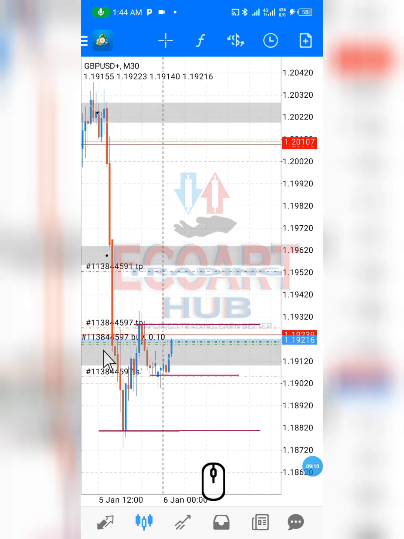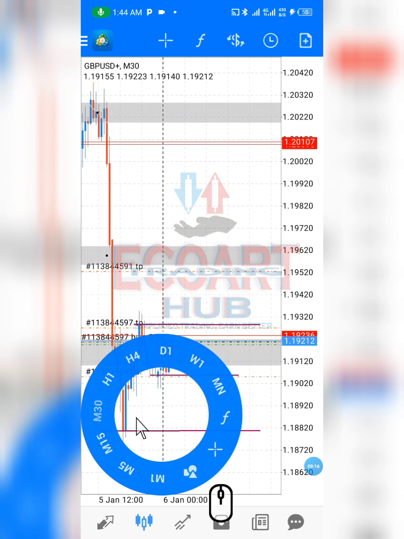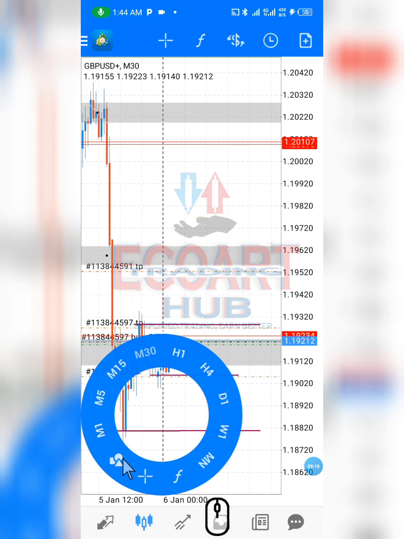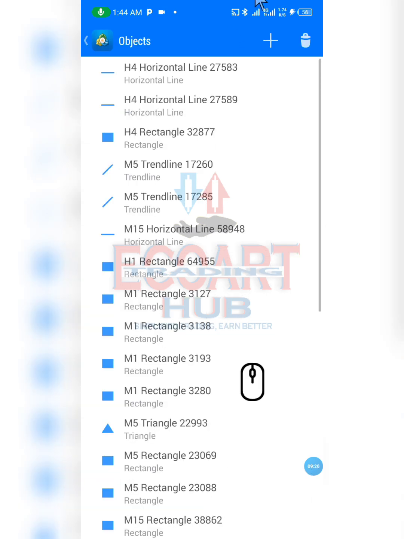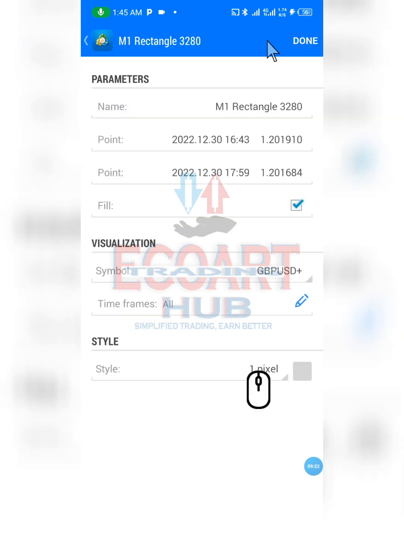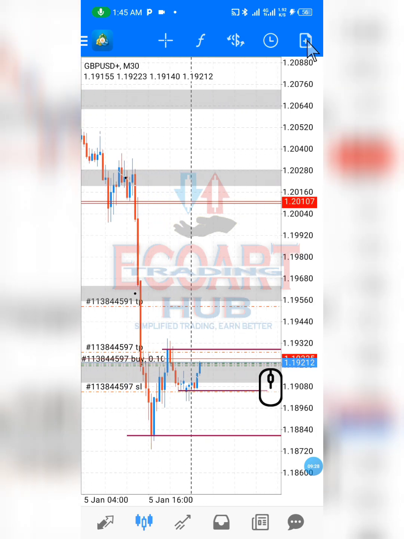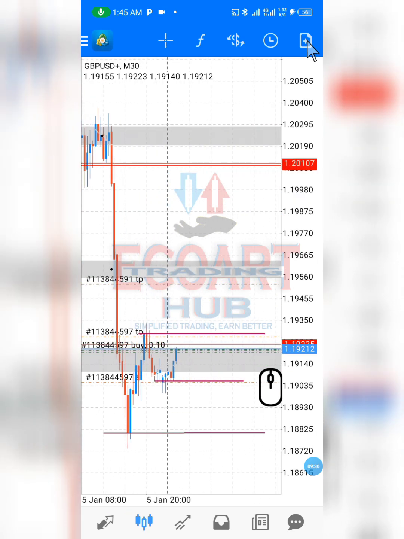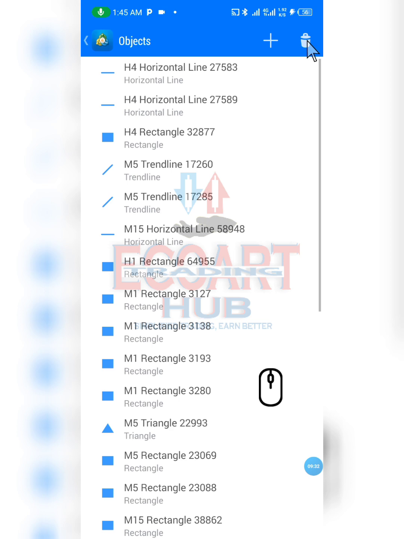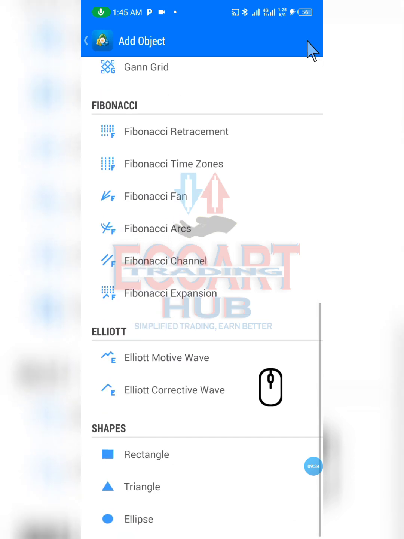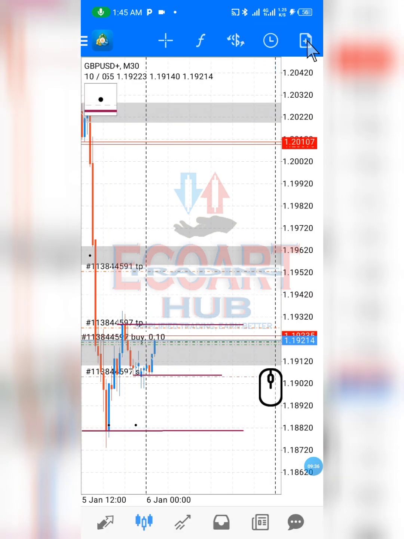I'm also going to mark out, highlight this zone. So all you do is you tap on your screen, you go to the object tool, you click on this plus sign, and you click done, and you highlight. You select your rectangle.